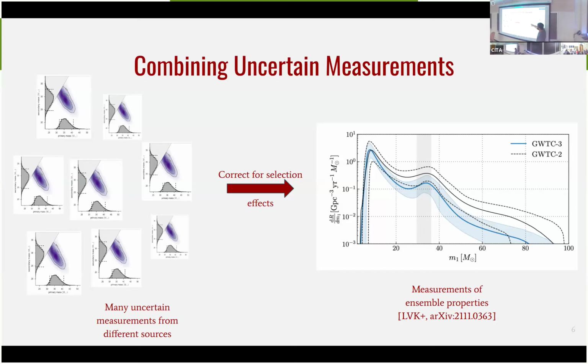It's not a very confident peak yet, but people think that it might be the pair-instability supernova mass gap, but there have been discussions in the literature which say that it might not be. So things are pretty open here, but one thing is for sure, that we are starting to see features in the mass distribution of gravitational wave pairs.